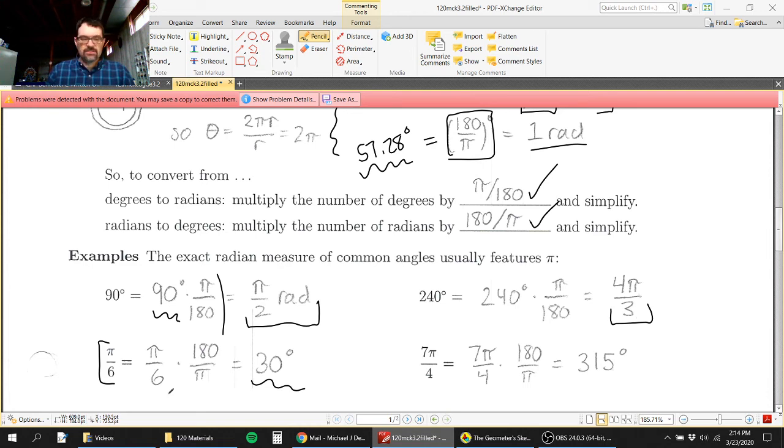All right, on the back though, try some conversions. Punch out all your answers in terms of decimals. All right, your radian measurements, many of them can be written as a nice fraction, but also as a decimal, and you'll see that in the notes. And then at the end, the point is simply to compute some trig values for angle measurements that are in radians. Now, your calculator can handle radians if you put it in radian mode, and you're careful about how you punch things in.